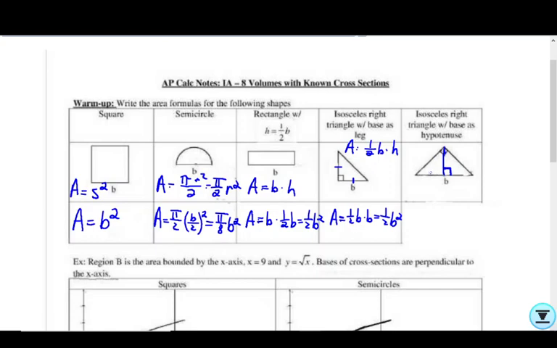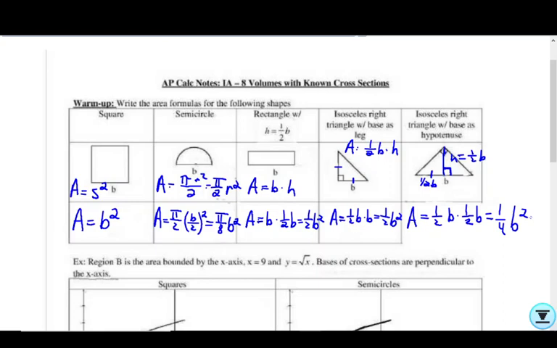The altitude also cuts this side in half, which means if this side's 1/2 b, then the height for this is going to be 1/2 the base as well. So using that same area equation from the last one, the area for this one is going to be 1/2 base times the height, which is 1/2 the base, which gives us 1/4 b squared.